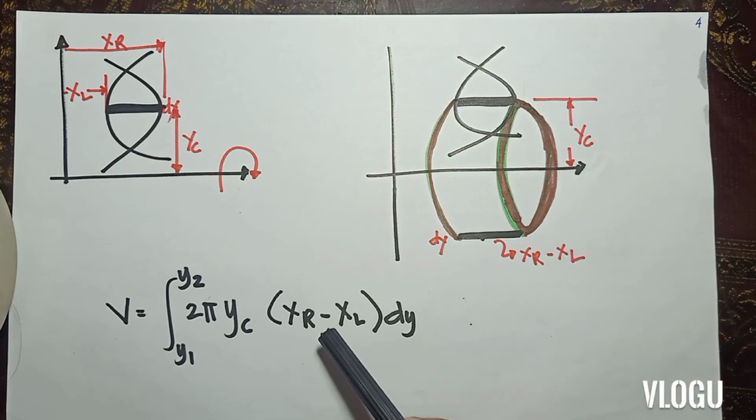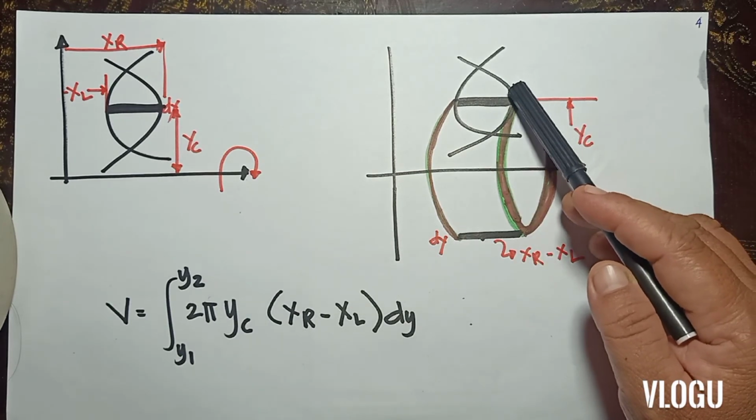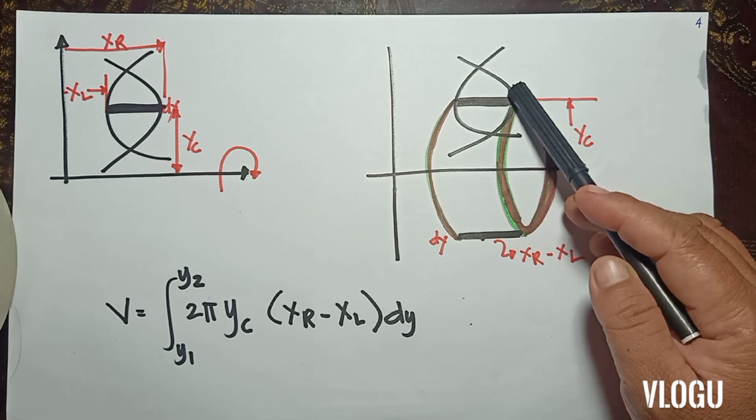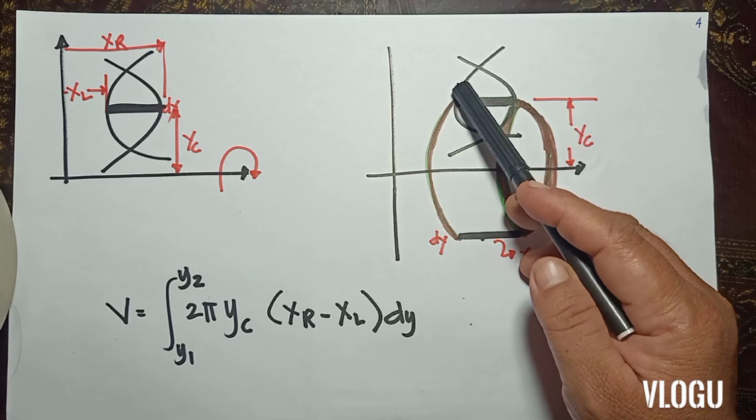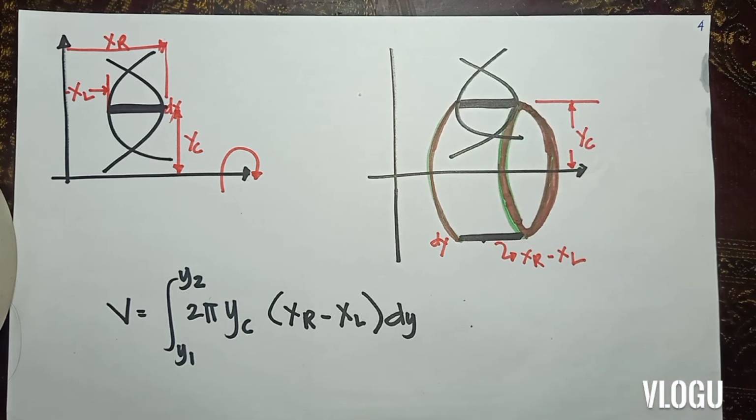X right is the equation of the curve at the rightmost portion. X left is the equation of the curve at the leftmost portion. Okay?